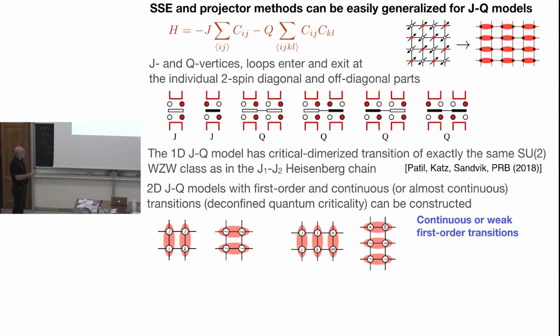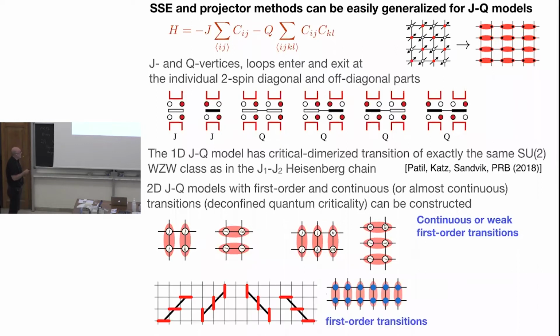But we can also make, so to speak, bigger Q terms. In this case, we call these Q3 interactions. And these turn out to have maybe continuous, but at least very weakly first-order transitions, as Chong spent some time discussing today. And there were some questions there, if we can also get first-order transitions, I should say.